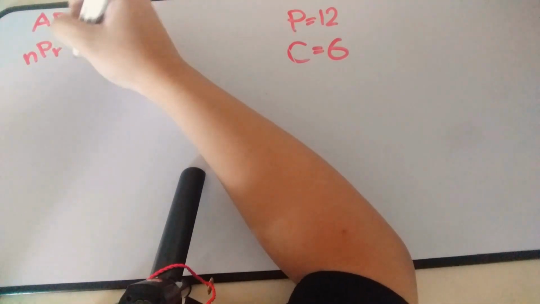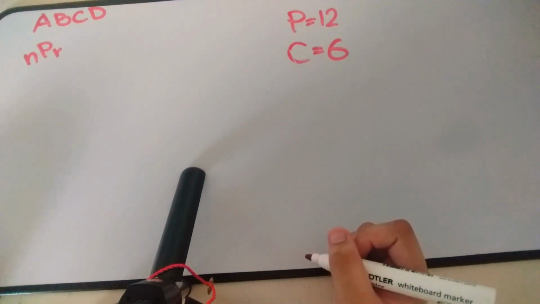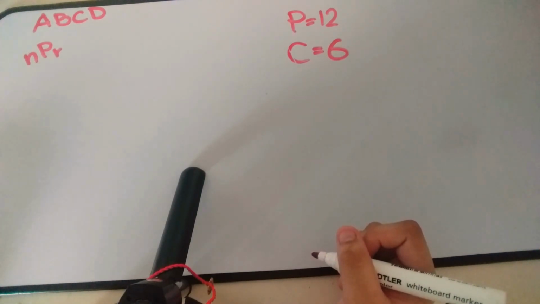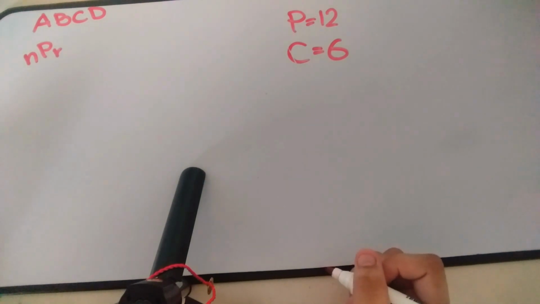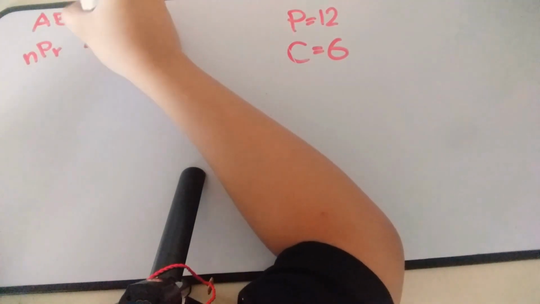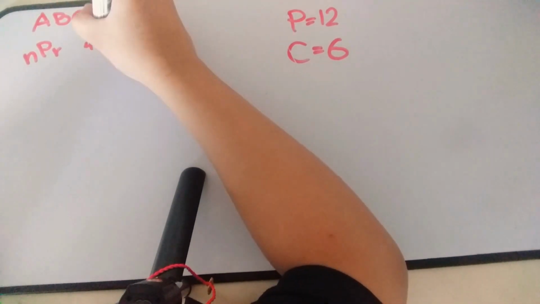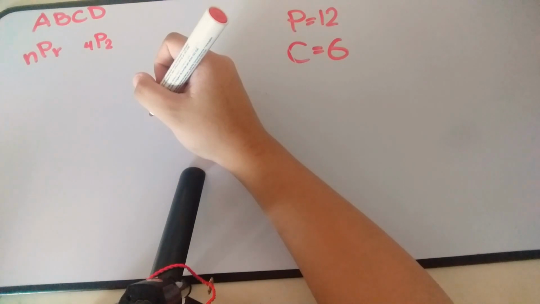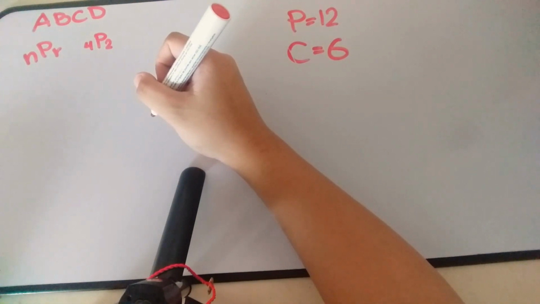This helps you calculate the permutation. Now, for these four letters where we choose two, it's going to be 4P2, which is 2 out of a group of 4.